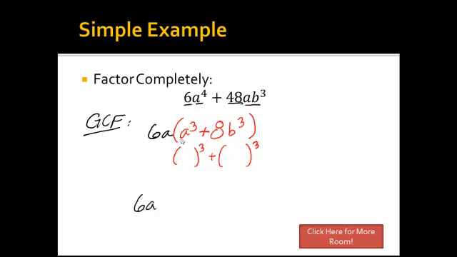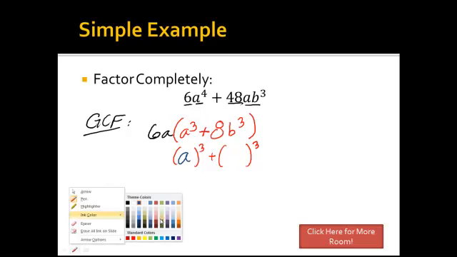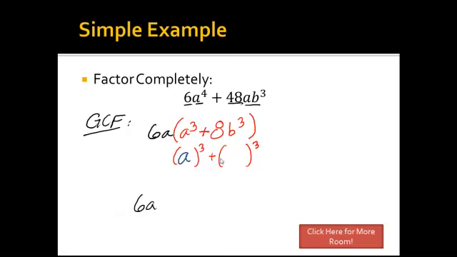Think about what, when cubed, gives me a cubed. Well, that's obviously a. And in the case of 8b cubed, 8 means there's going to be a 2 here, because 2 cubed gives me 8. B cubed, a b is going to go in here. So now I know the first value, and I know the second value.